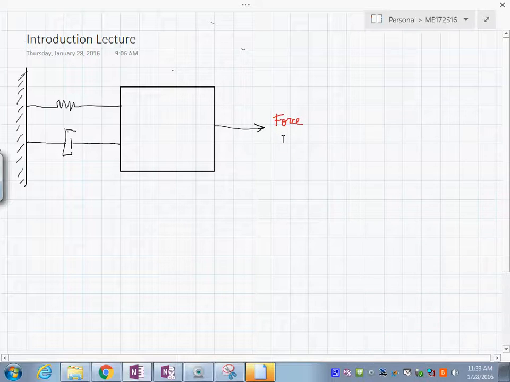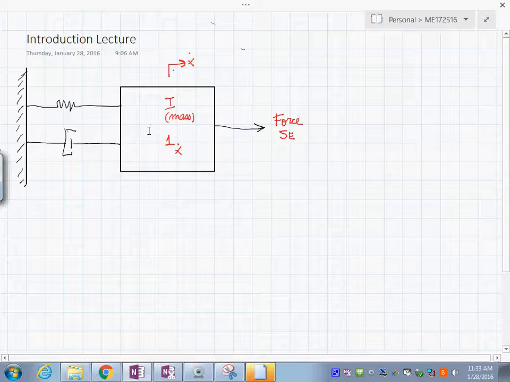We see this is your forcing here. This element we are going to call a source of effort. And this is going to be my inertia element, which of course is your mass. I'm also going to use the symbol to represent the velocity of this mass, so velocity that is going this way.